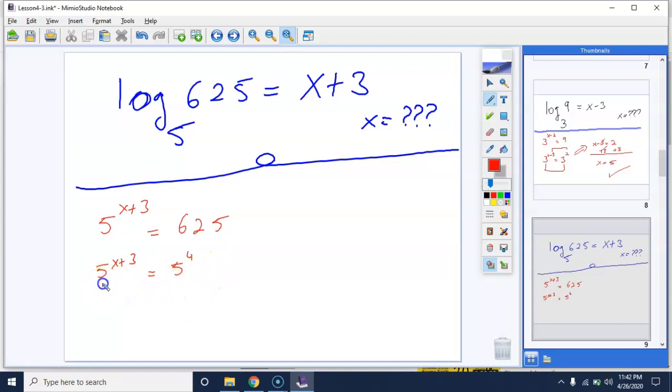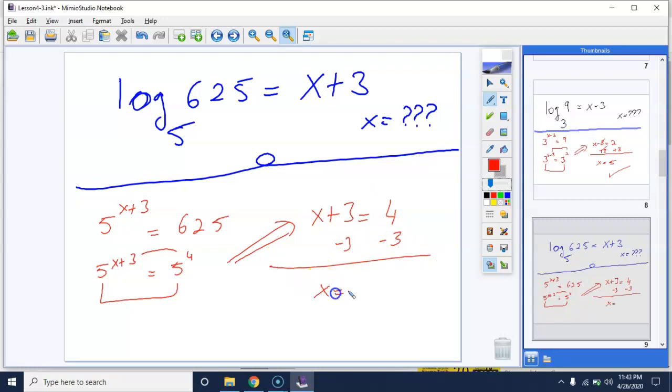Yes, and then same base 5, so the exponents should be the same as well. So x plus 3 should be equal to 4. Minus 3, so x should be equal to 1. That's my answer.